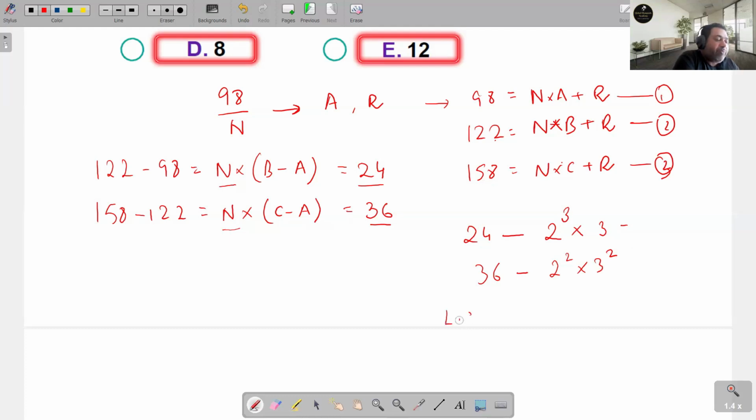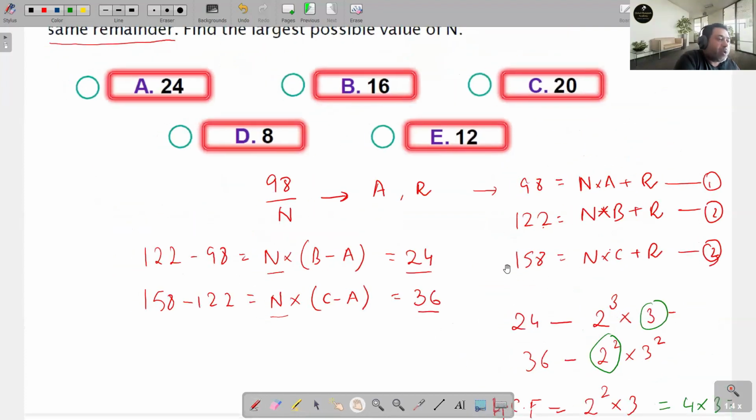So the HCF in this case will be equal to 2 squared times 3, which is 4 times 3, which is 12. So the correct answer for this question is option E, which is 12.